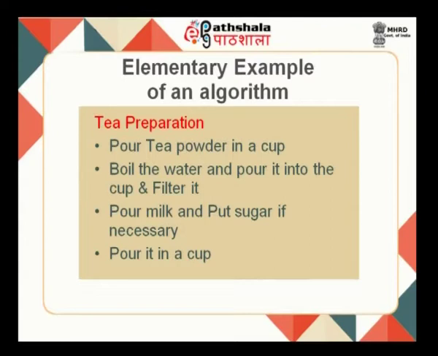In other words, the activity of tea preparation can be described in terms of steps 1, 2, 3, 4, etc. This is what we call an algorithm. In short, the algorithm is a step by step procedure for solving the given problem.